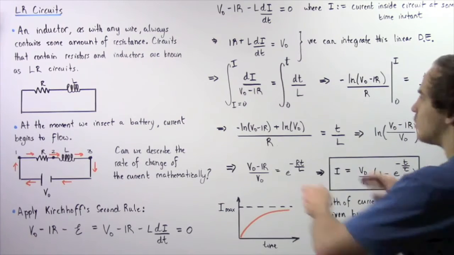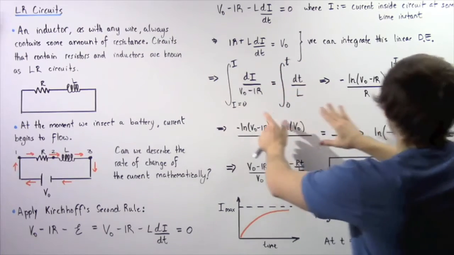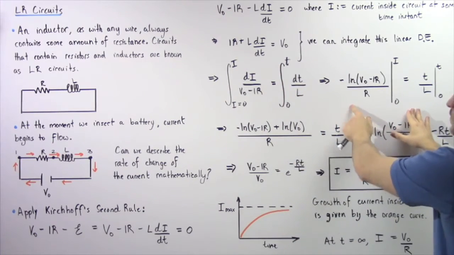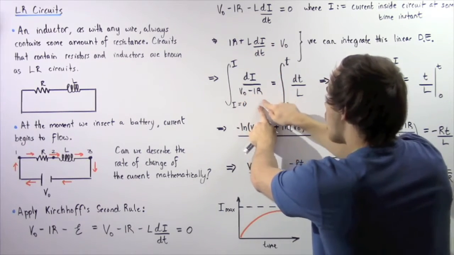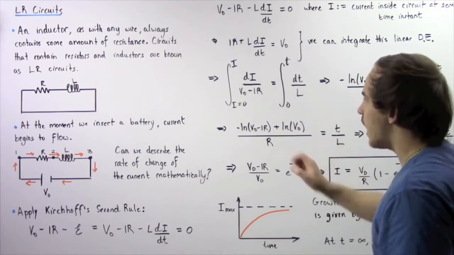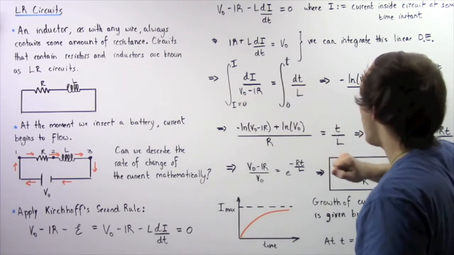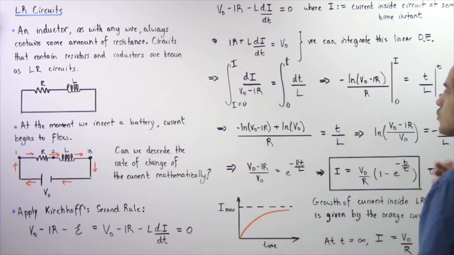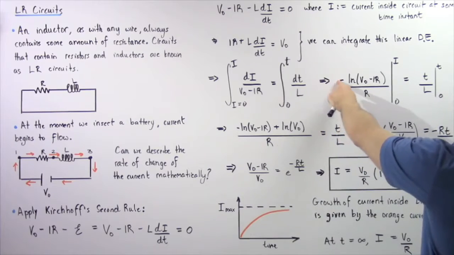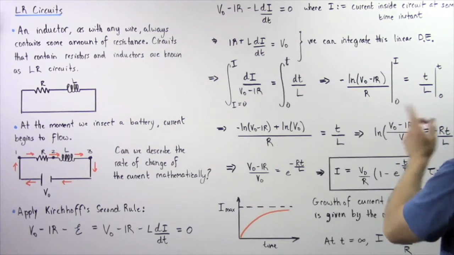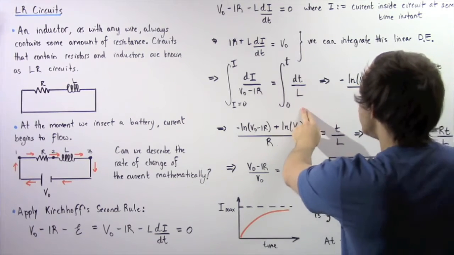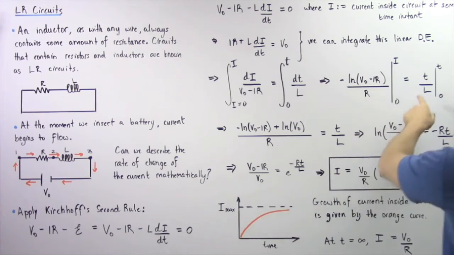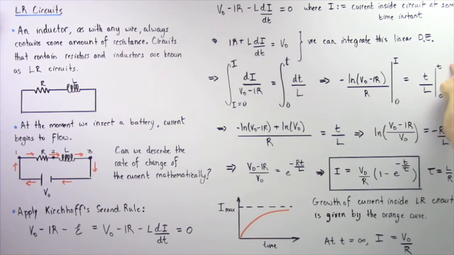Because we have 1 over V0 minus IR, this becomes the natural log of V0 minus IR, and then we apply our chain rule and get negative 1 divided by R, evaluated from 0 to I. If we integrate the right side, we simply get t divided by L from 0 to t.